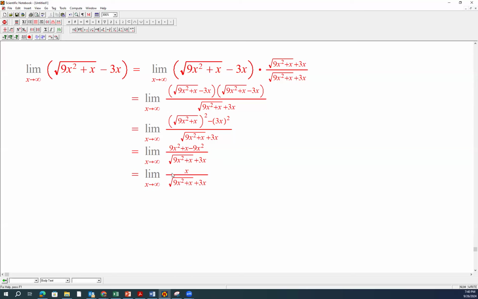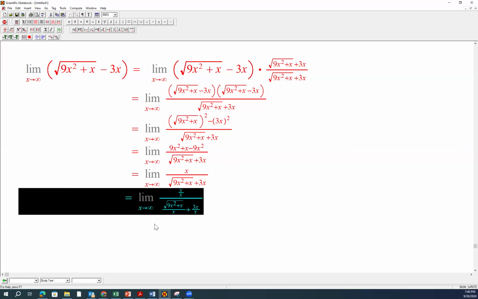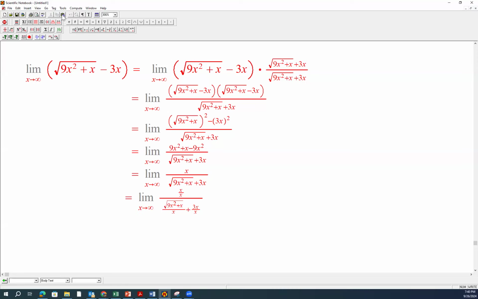So in order to do that, we're going to divide the top by x and divide the bottom by x. x is assumed positive. And so this equals 1, and that equals 3.